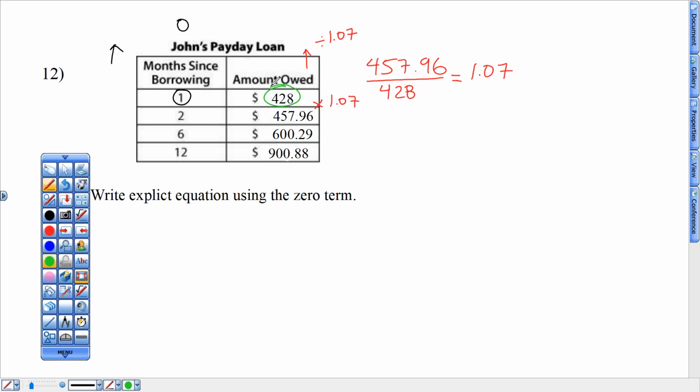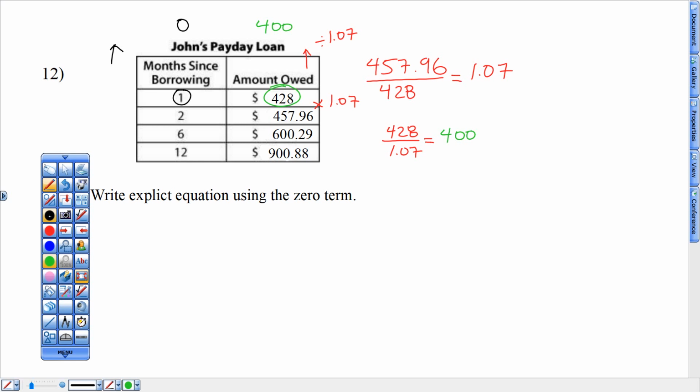That will give you the number above 428. So 428 divided by 1.07 gives me 400. That's the number above 428. Makes sense because 400 times 1.07 is 428.